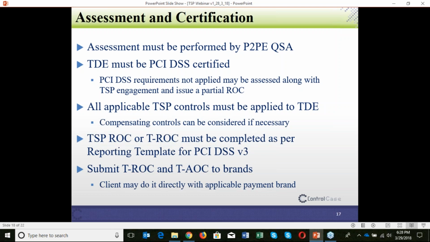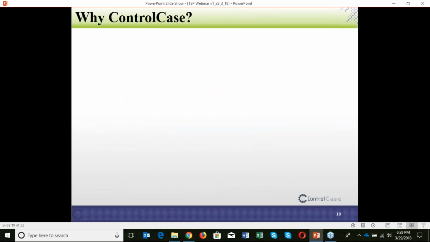After this TSP, that does not mean they can start doing it, but merchants and applicable brands may start their own certification process to validate TSP controls, and there they obviously need to see the TSP certification for any validation going forward. So that's the main of TSP controls.